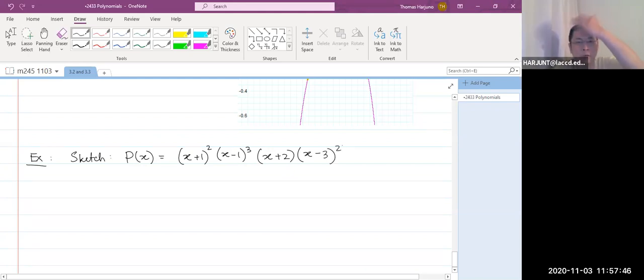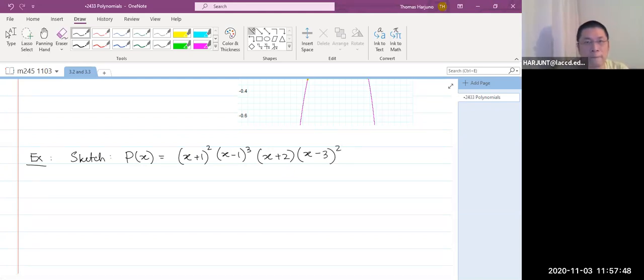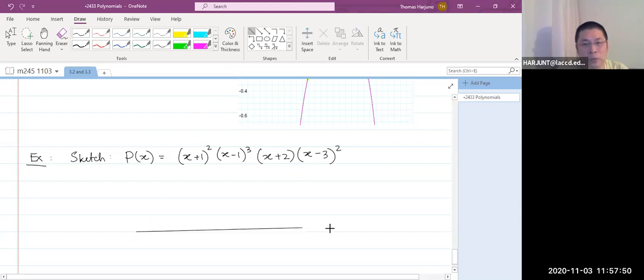Let's say I need to sketch the graph for that. Then from the factors, we see the zeros are -2, -1, 1, 3. Those are the zeros.